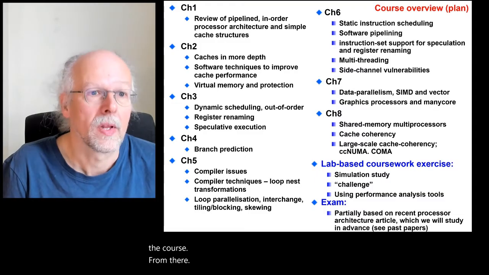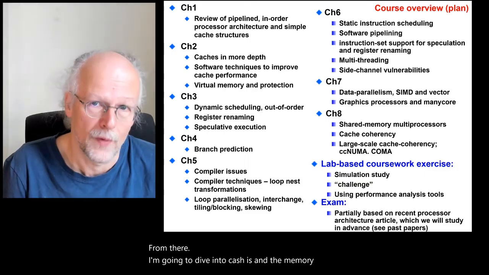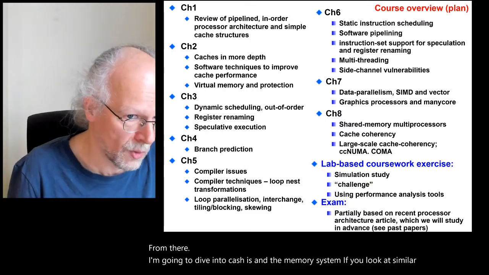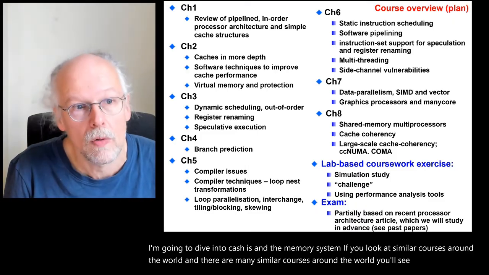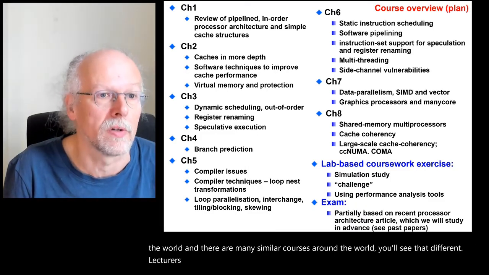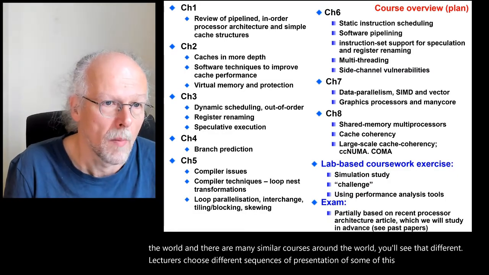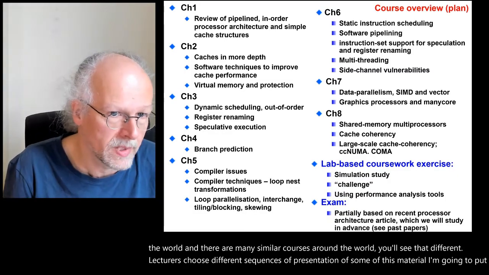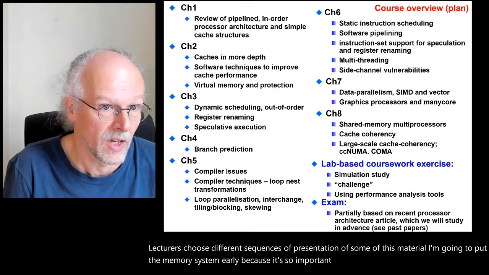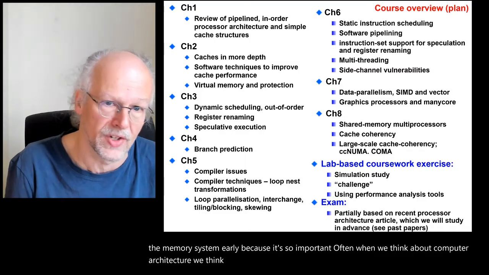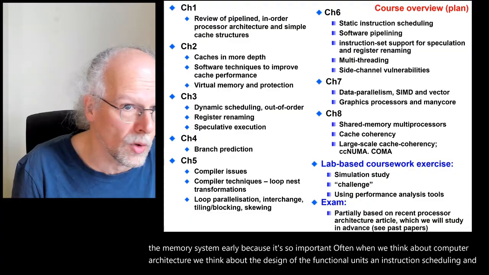From there, I'm going to dive into caches and the memory system. If you look at similar courses around the world, and there are many similar courses around the world, you'll see that different lecturers choose different sequences of presentation of some of this material. I'm going to put the memory system early because it's so important. Often when we think about computer architecture, we think about the design of the functional units and instruction scheduling and branch prediction and all of that.